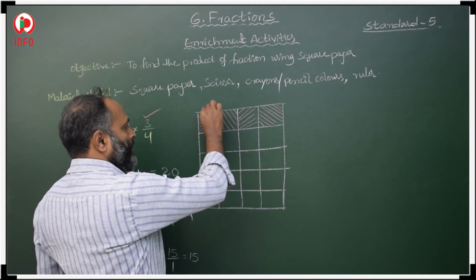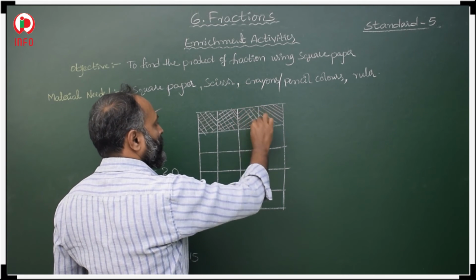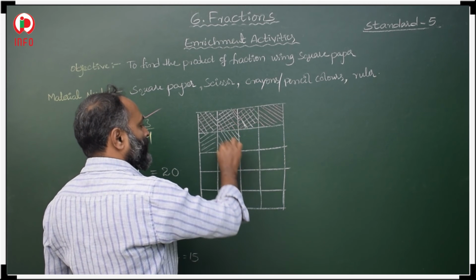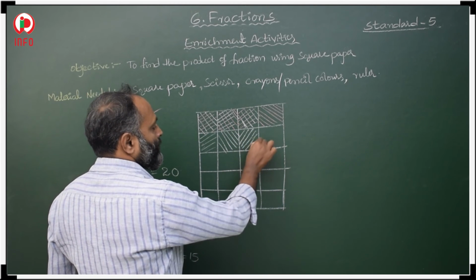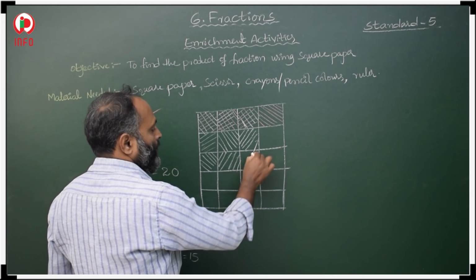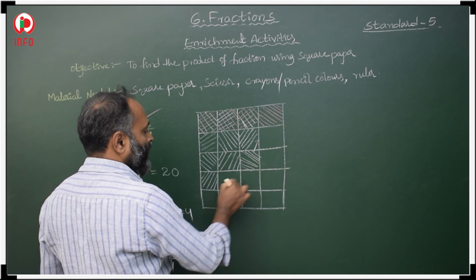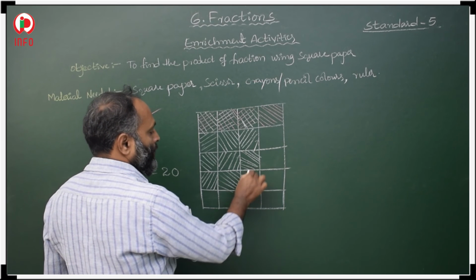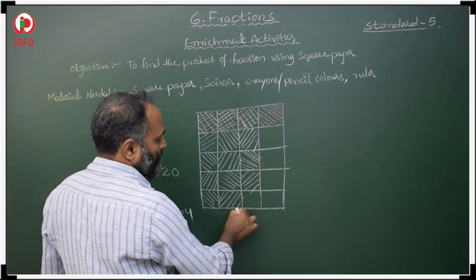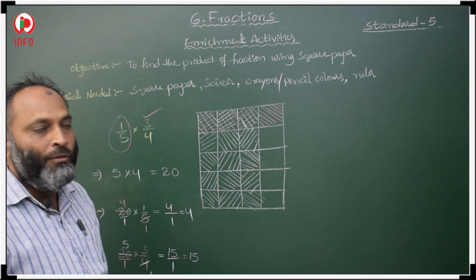So this is first grid, second grid, third grid, fourth grid, fifth, sixth, seventh, then eighth, ninth, 10th, 11th, 12th, 13th, 14, 15. 15 grids we have to shade.